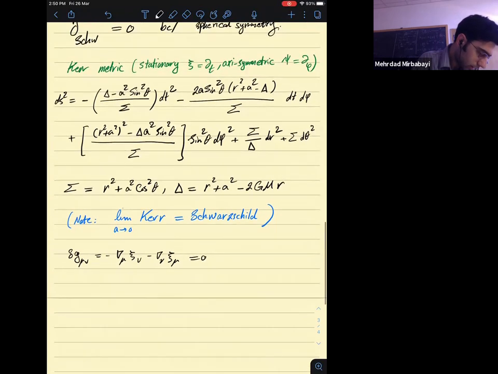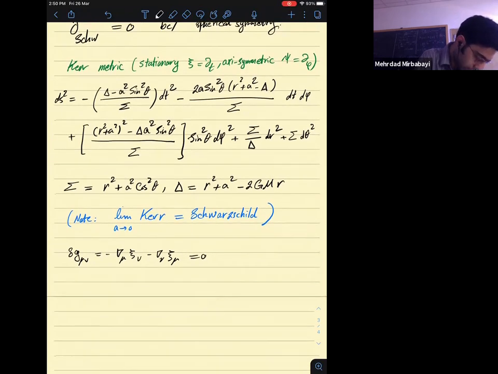Now I called this dt xi, but this xi is a different xi, so maybe I can give it a different name. Let me call this chi.